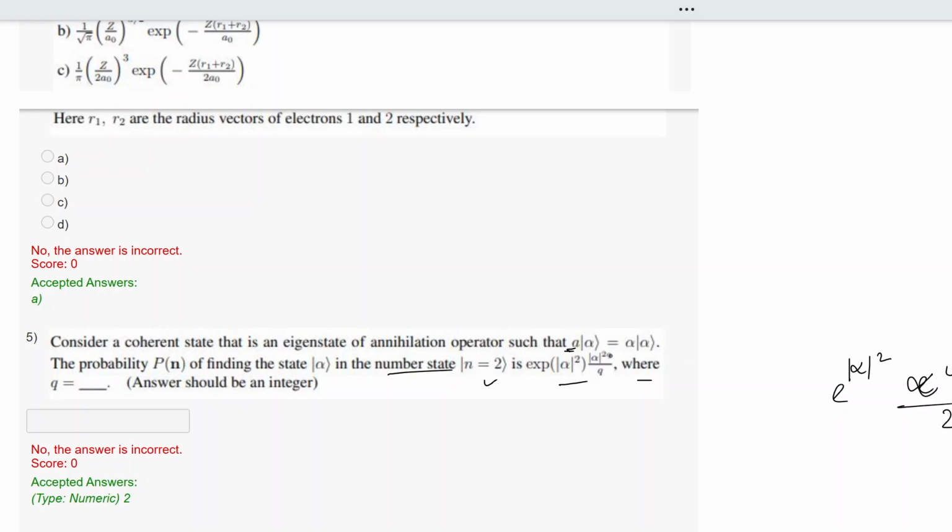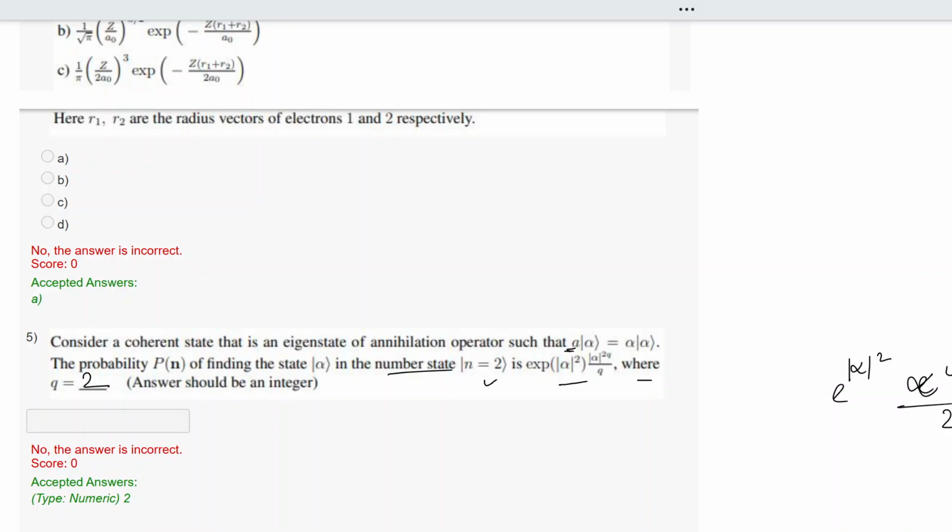Here alpha's power was 2q, so 2q equal to 4, and the divisor was q, so q equal to 2. That means you are getting the value that q is equal to 2. So that is your final answer, you have obtained q equal to 2.